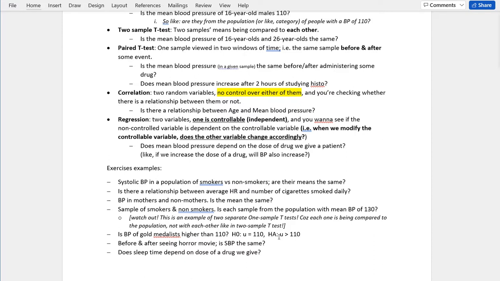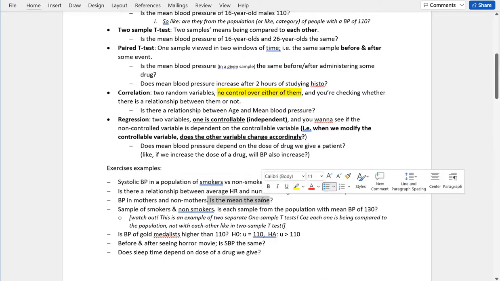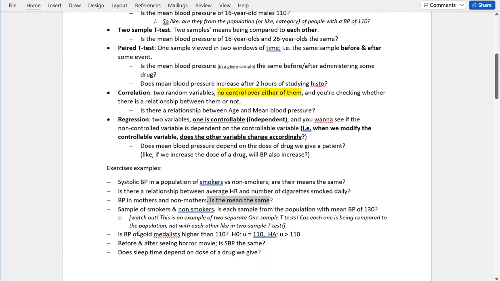So that's the one difference here: you're not asking whether their means are the same or not. Here it's, is the blood pressure of medalists higher? So it's like, is it the same, or is it higher? That is just the difference from the other examples.